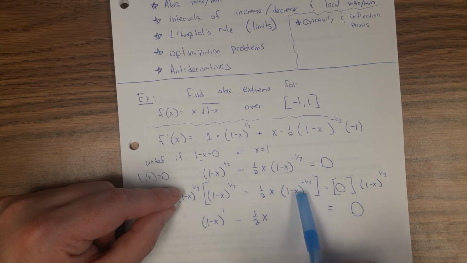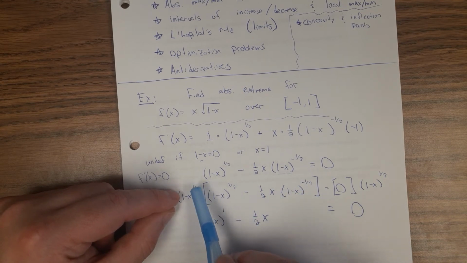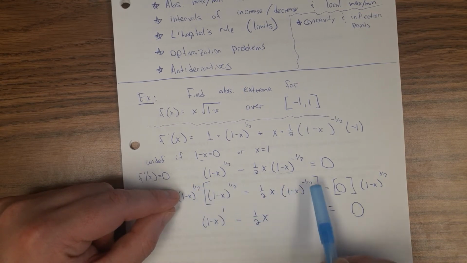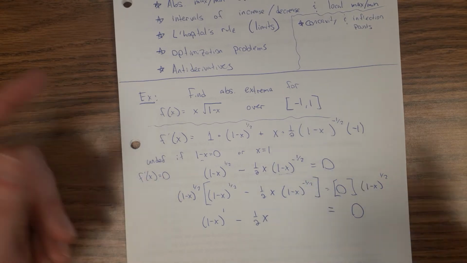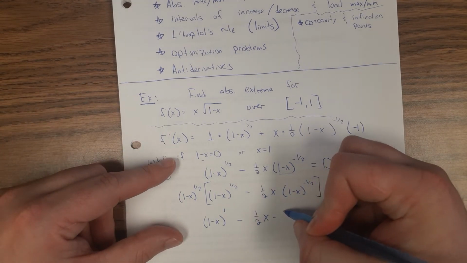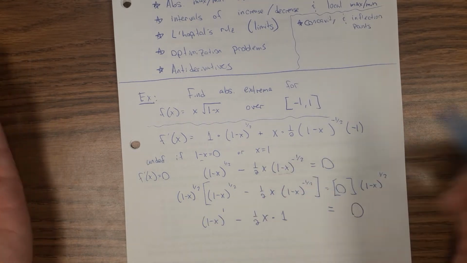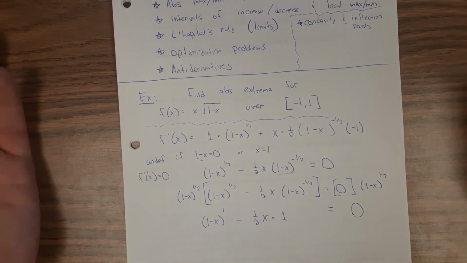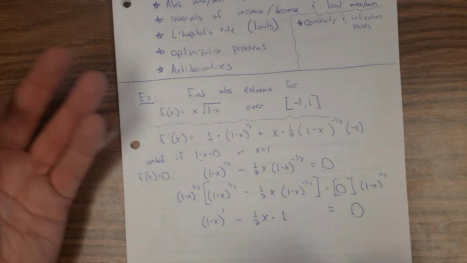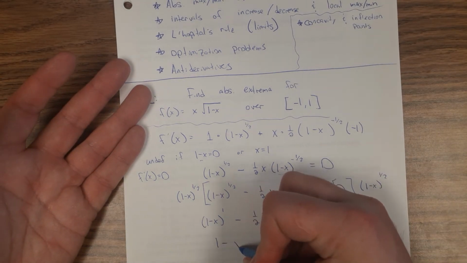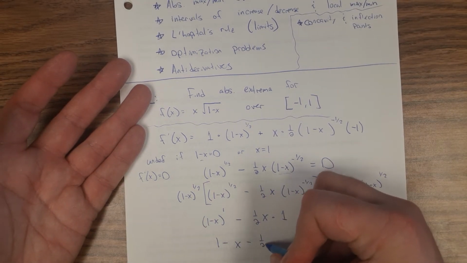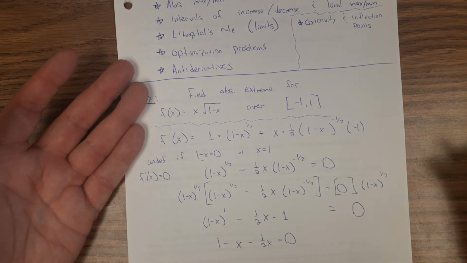Earlier I said that it canceled, which it does because you add the powers: a half plus negative a half gives 0, and something to the 0 power is 1. In other words, there's nothing left, it's just 1. Great, so this is a lot simpler. This is actually just 1 minus x minus a half x equals 0.